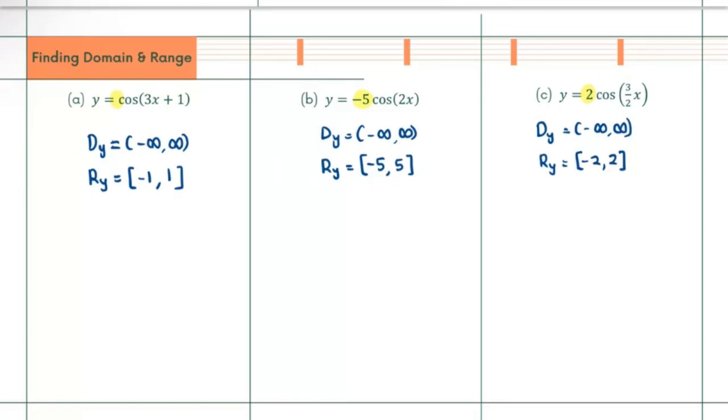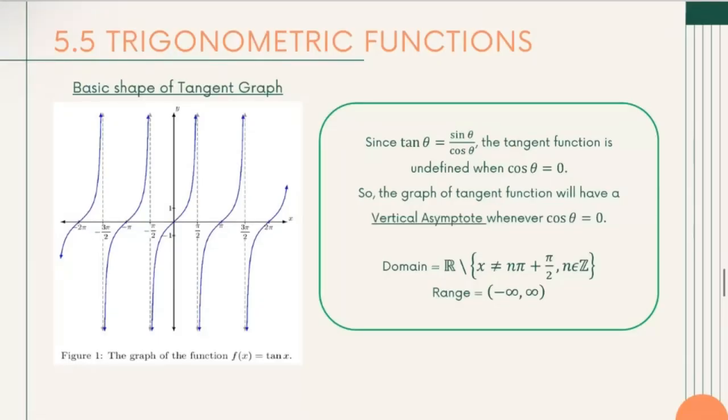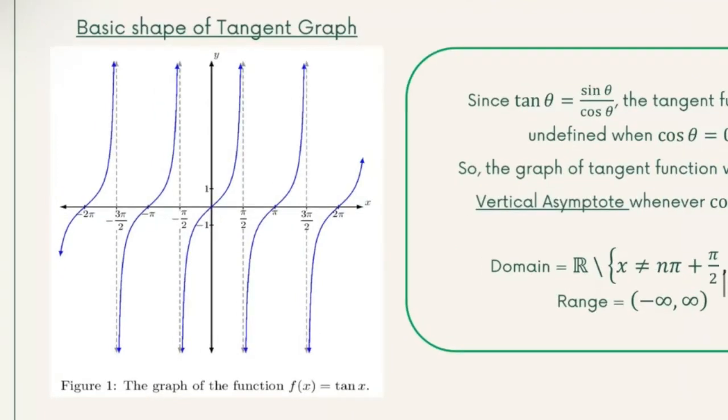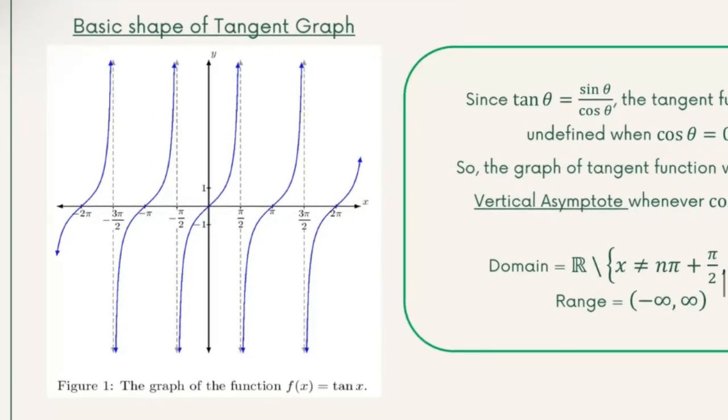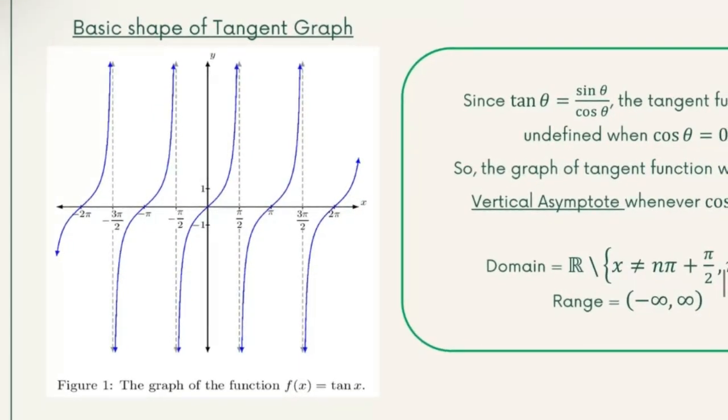Okay, yang sedikit susah sekarang ni adalah tangent. Okay, now tangent. So untuk graph tangent, this will be the basic shape of our tangent graph. So kalau kamu perhatikan kat gambar sini, ini adalah gambar untuk tangent x dan kita ada vertical asymptote dekat negative pi over 2 dengan pi over 2.